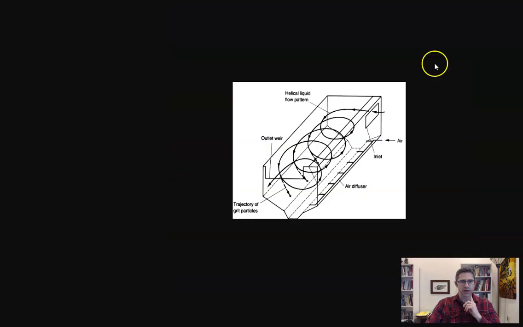This picture right here shows what typically happens. You've got the air coming in the bottom, the flow coming in the top, and you get several cycles of that sort of cyclical or helical liquid flow pattern before the water comes out and the grit gets removed along this bottom channel.